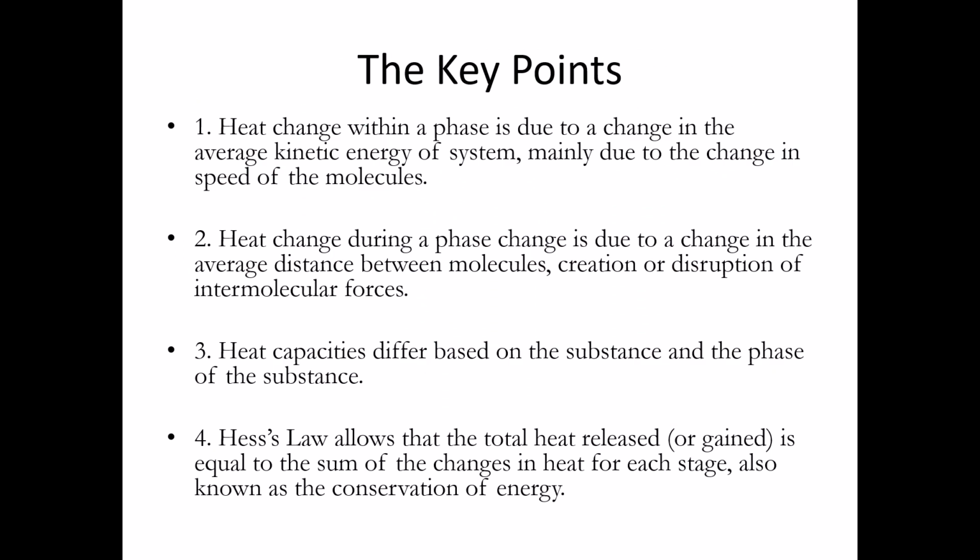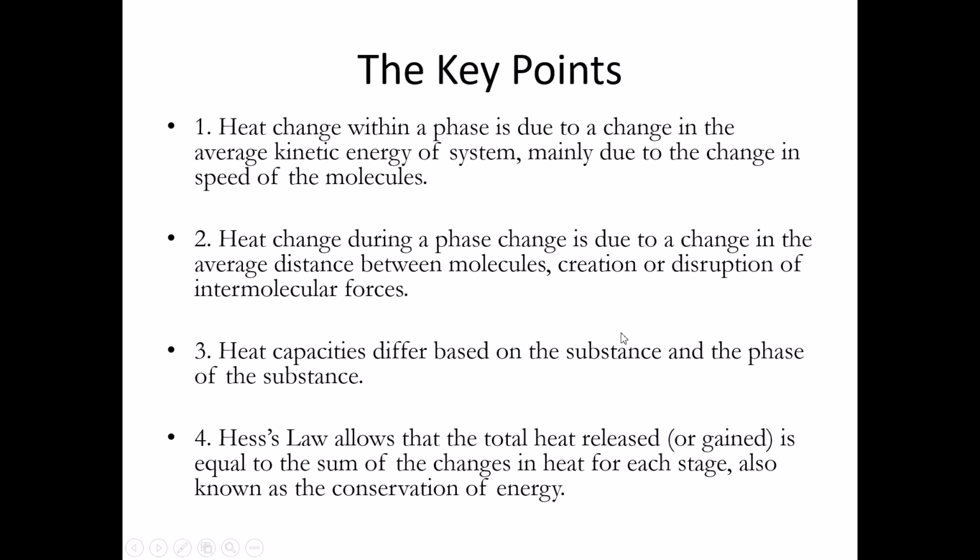Alright, so a couple of key points to make for this. Heat change within a phase is changing the kinetic energy within the molecules, and it results in a temperature change. Phase change, we have constant temperature because our kinetic energy is not changing. That heat is being used to loosen up intermolecular forces in order to change the phase.